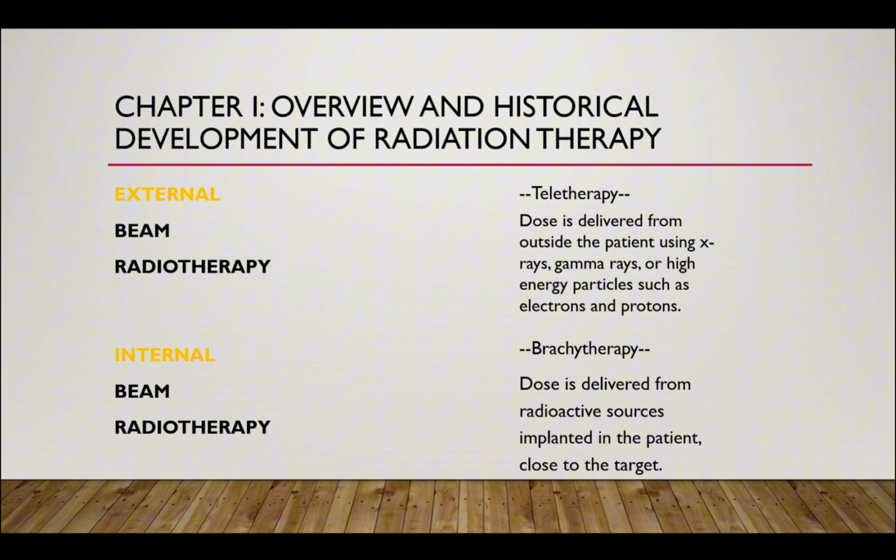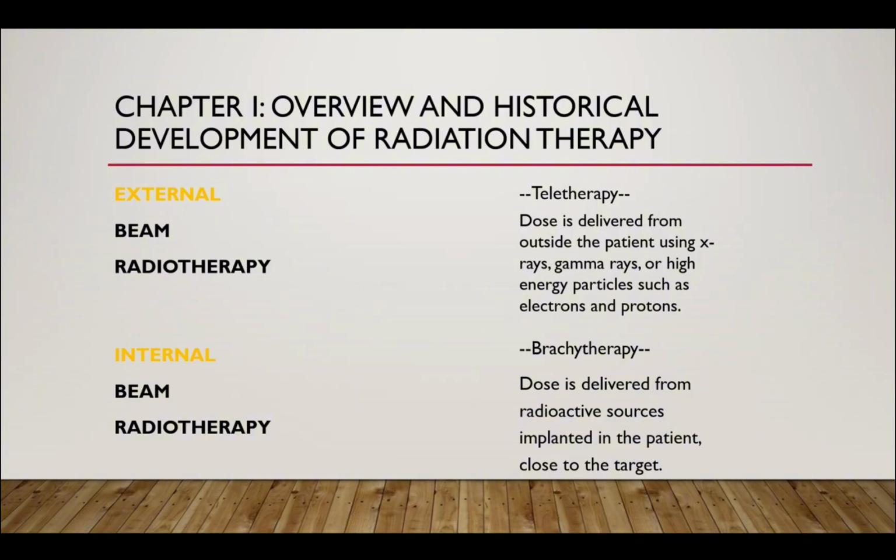In internal beam radiotherapy, the dose is delivered from radioactive sources implanted in the patient, which makes the radioactive source closer to the target itself. So what do we mean when we say implanted? The radioactive source can either be placed into a cavity or whichever the location of the tumor.